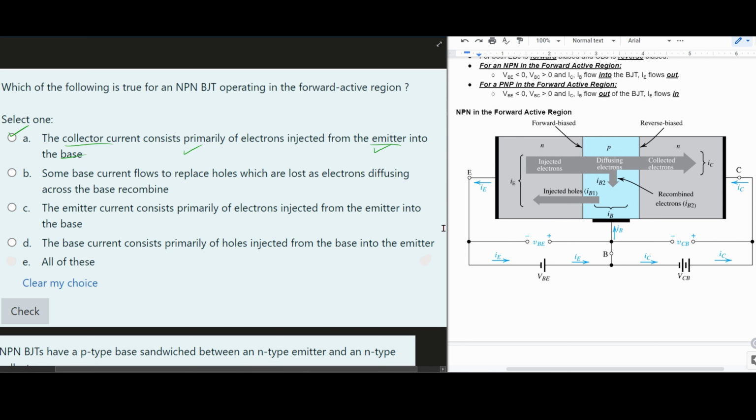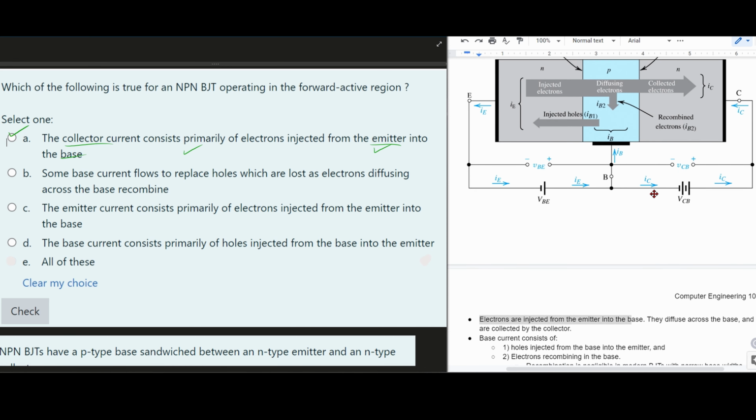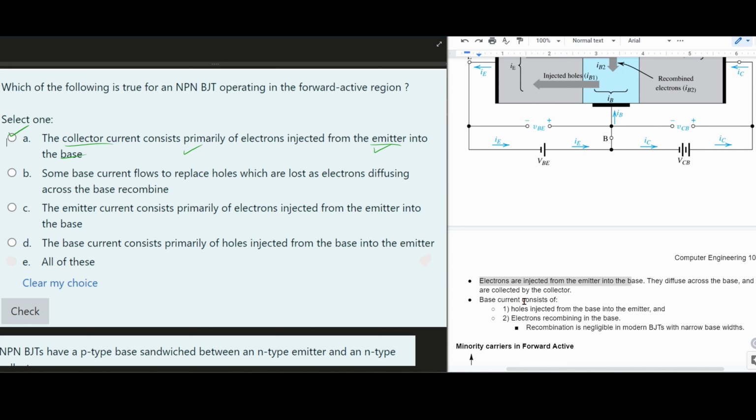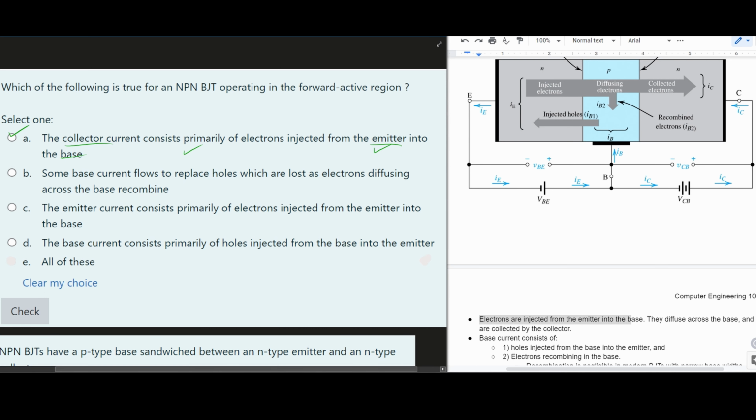Next, we have some base current flows to replace holes which are lost as electrons diffusing across the base recombine. Well, we can see that the base current consists of holes injected from the base into the emitter and electrons recombining in the base. So if we look at this, we have holes right here, our injected holes, and then we also have our recombining electrons. We have some base current flows to replace the holes.